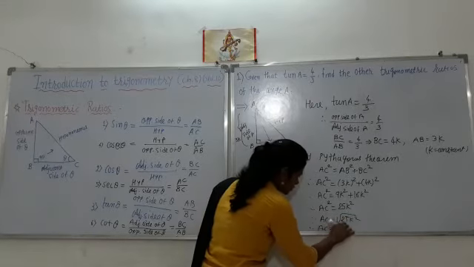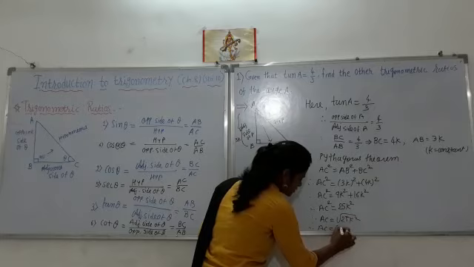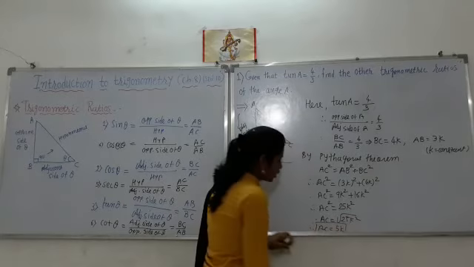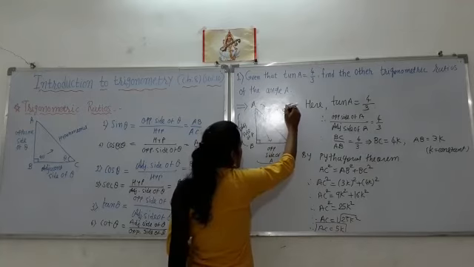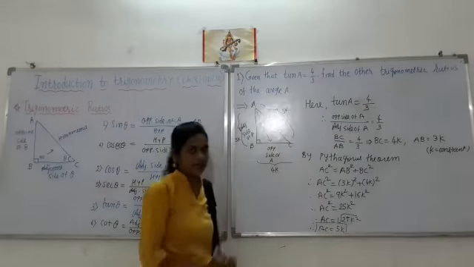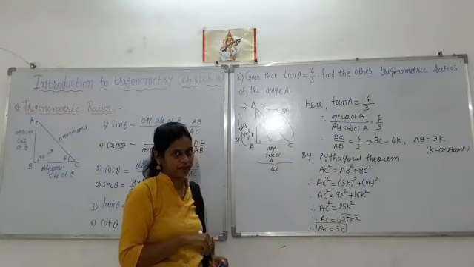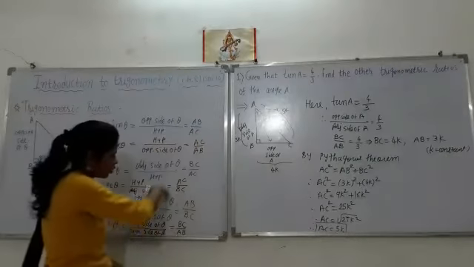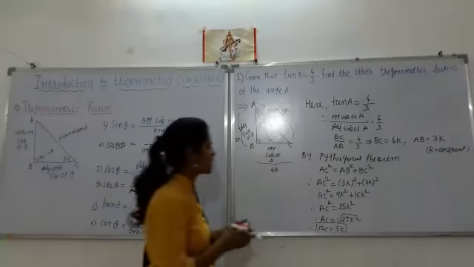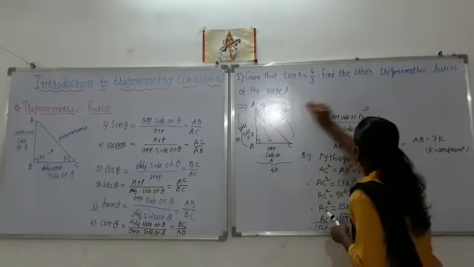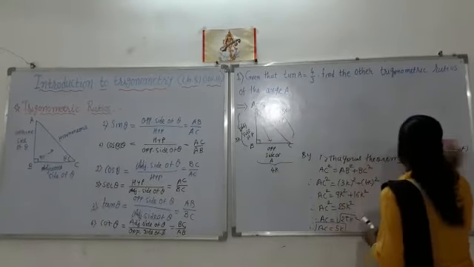So your AC is 5K, the square root of 25 is 5 and of K square is K. So now you have the measurement of AC as 5K. After getting three sides of the given right angle triangle, apply the trigonometric ratio formulas and find the other ratios.